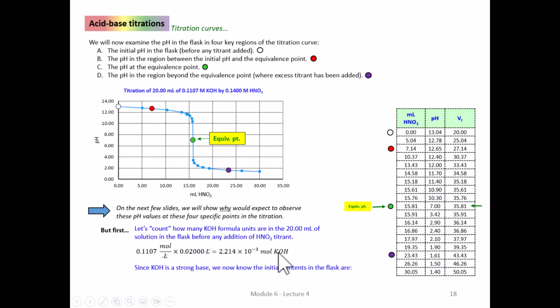Now, since this is a strong base, we know that the initial contents in this flask are 2.214 times 10 to the minus 3 moles of hydroxide, 2.214 times 10 to the minus 3 moles of potassium ion, and of course, water.